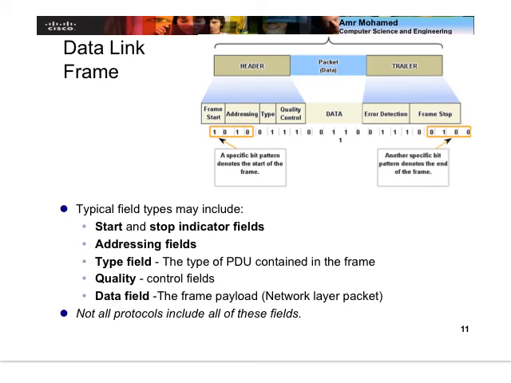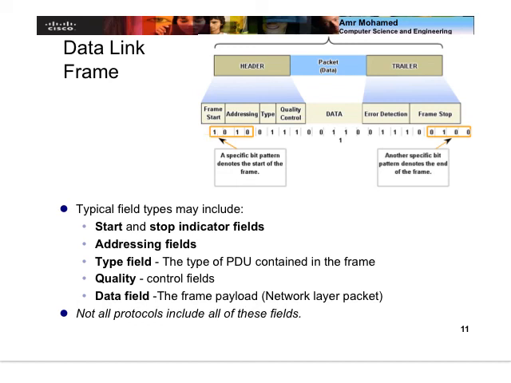Remember that the physical layer deals with a stream of bits, right? So for the physical layer, there is a continuous stream of bits. So what tells the data link layer that this is the start of a new frame and this is the stop of a frame? That's what this field is for.